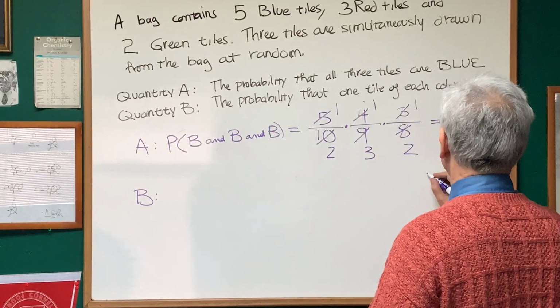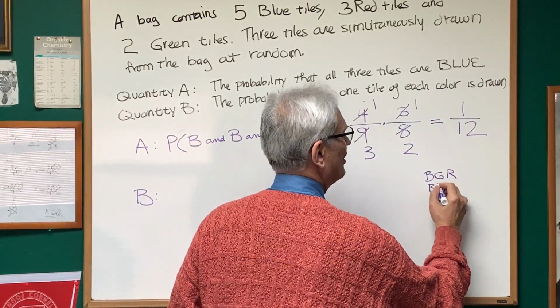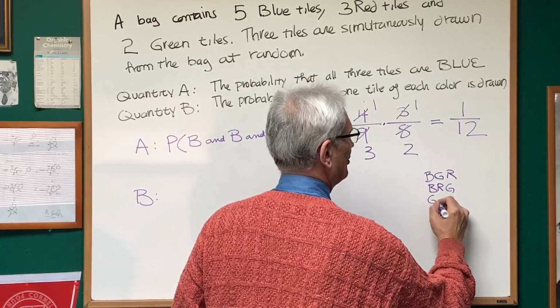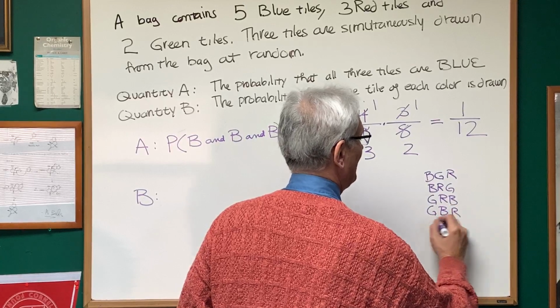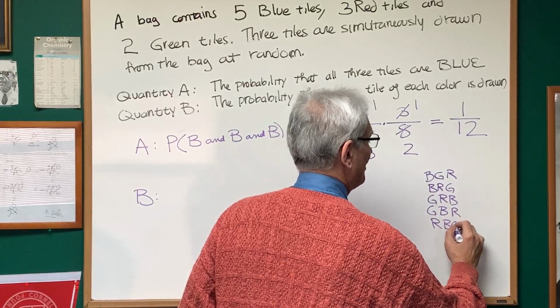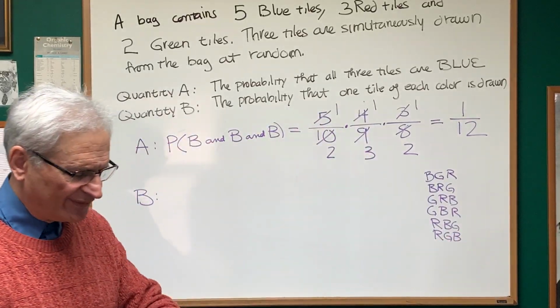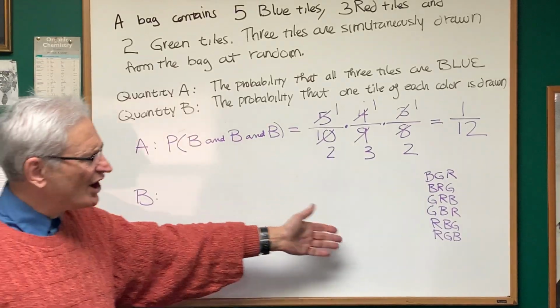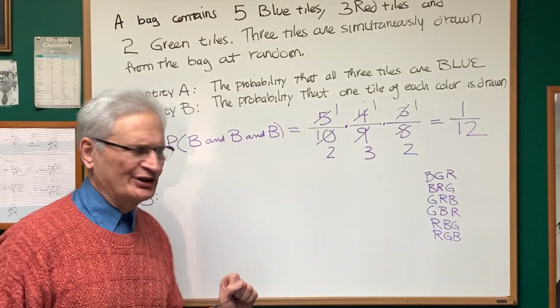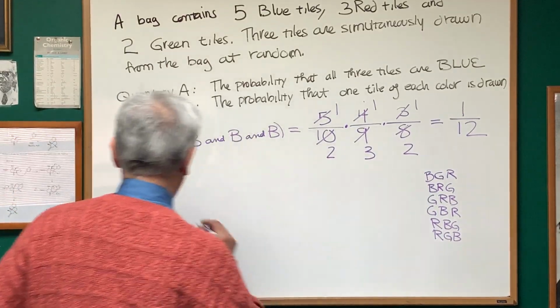We can choose blue, green, red, blue, red, green, green, red, blue, green, blue, red, red, blue, green, red, green, blue. In general, you should know that if there are 3 distinct quantities, there are a total 6 ways of arranging them in a particular order. Okay, with that, let's just take one of these outcomes.